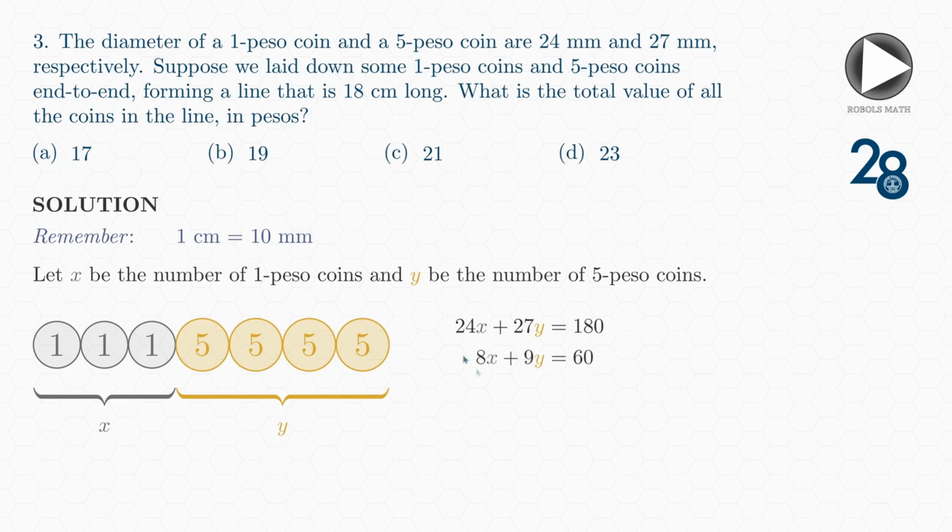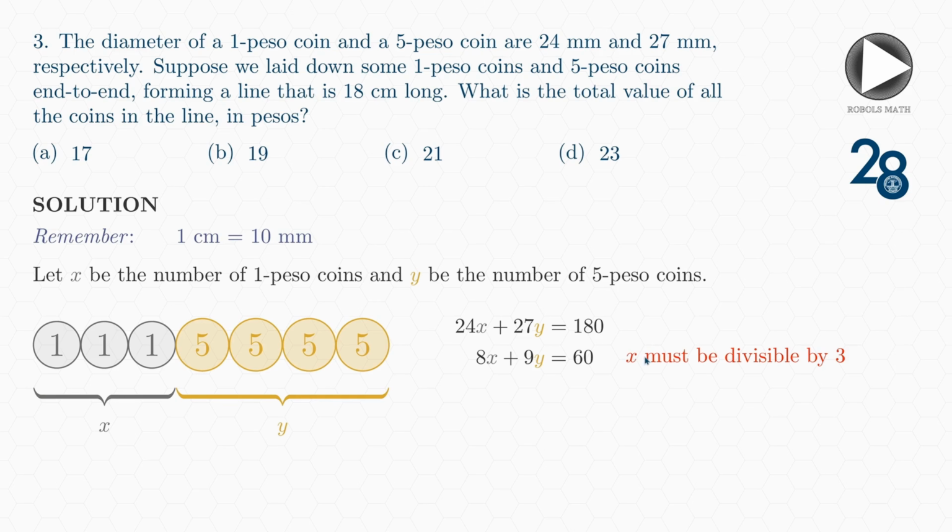So this 8x right here must be divisible by 3 as well, because if 8x is not divisible by 3, then the left side will not be divisible by 3. So here we conclude that x must be divisible by 3. This means that we only have to check the values of x that are 3, 6, 9, 12, and so on. Right? You get it?